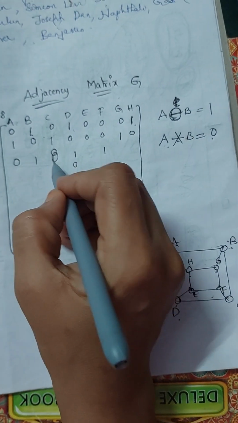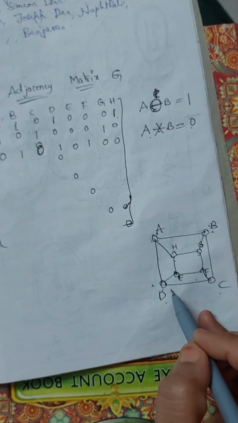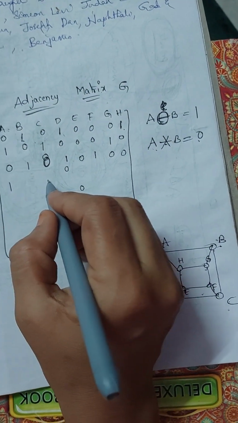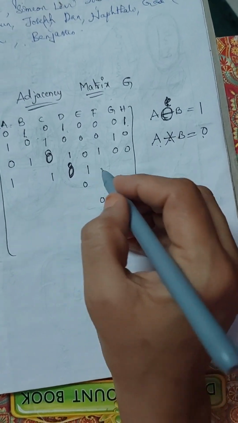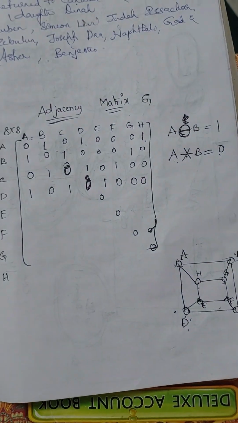So remaining all are zeros. Next D. D is mapped with A, C, E, and remaining all are zeros.